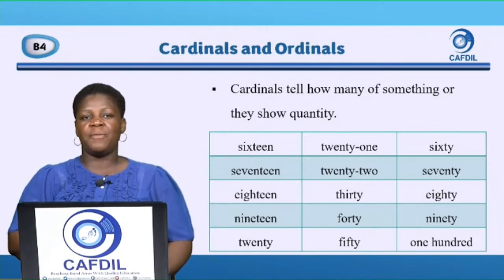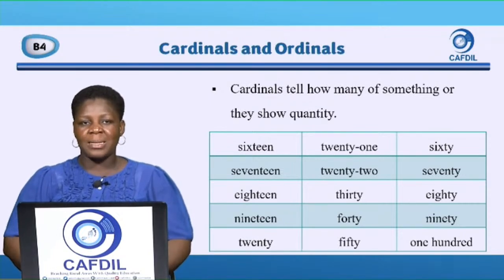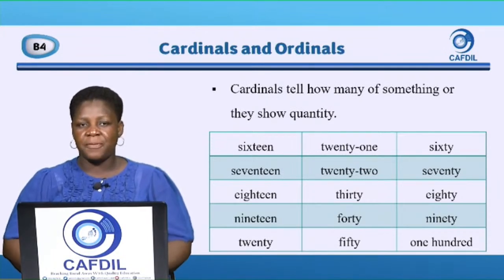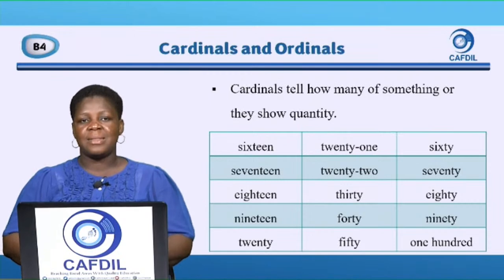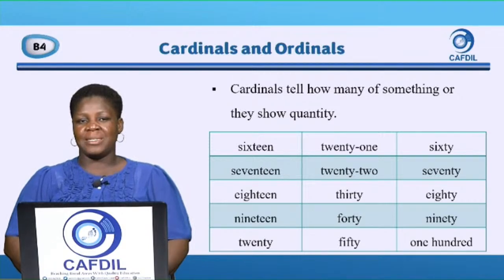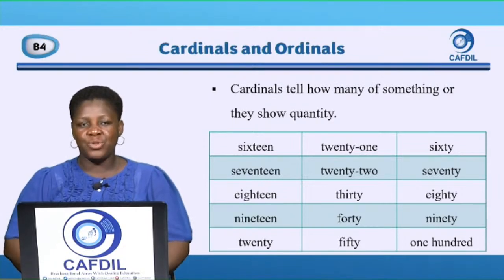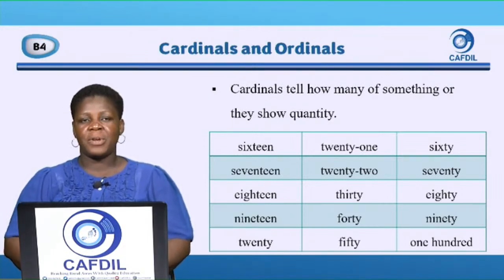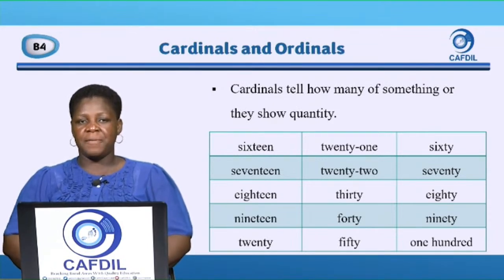Then with 30, you add 1 to 9: 31, 32, 33, 34, 35, 36, 37, 38, 39, then you come to 40. And check the spelling of 40. So we go 41, 42, 43, 44, 45, 46, 47, 48, and then 50.